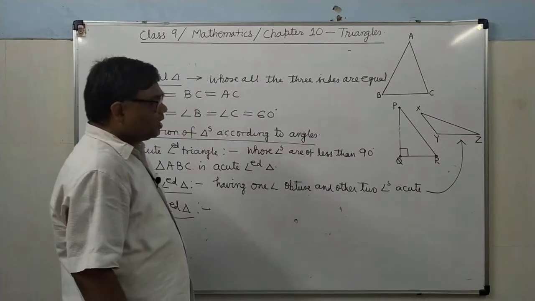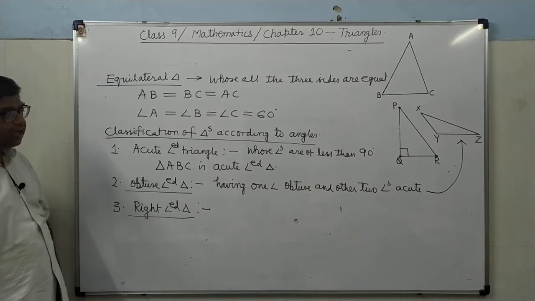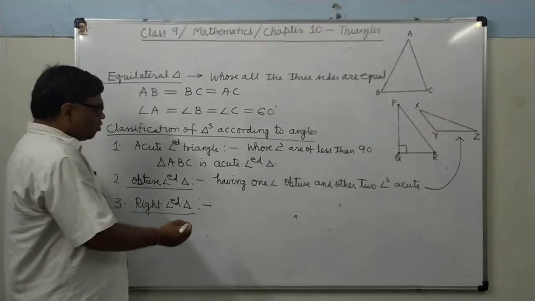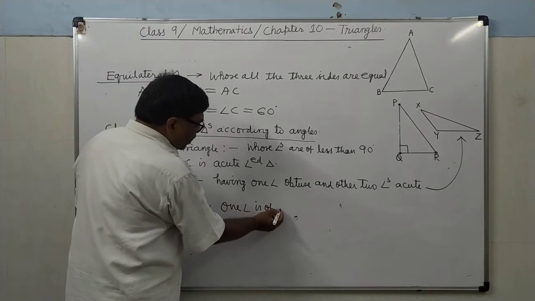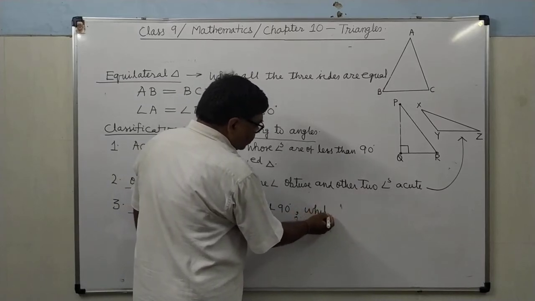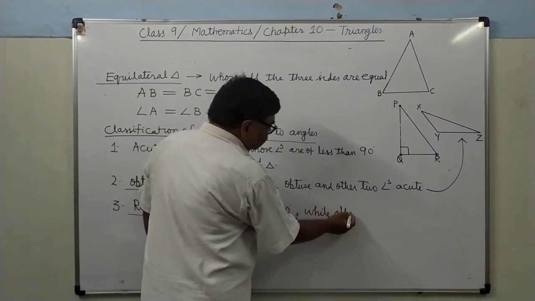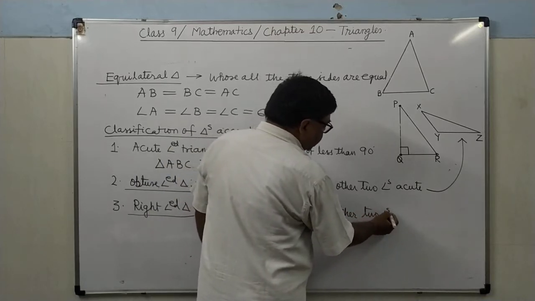One angle is of 90 degrees and remaining two angles are acute. It's clear. One angle is of 90 degrees while the other two angles are acute.